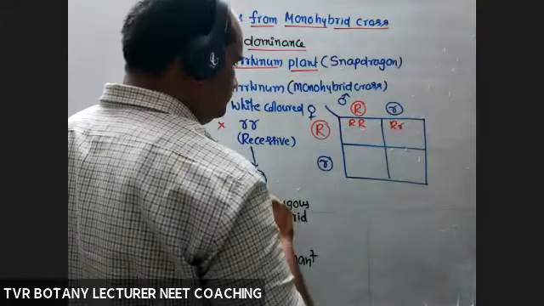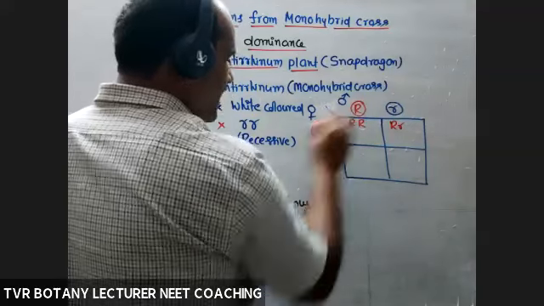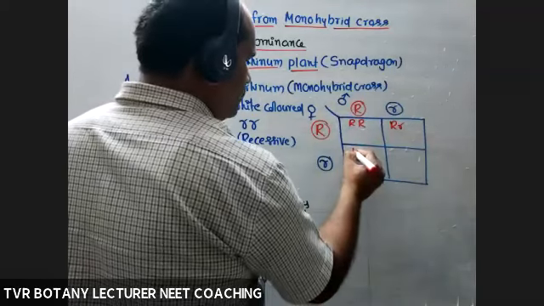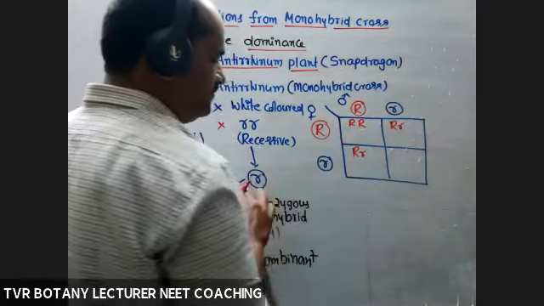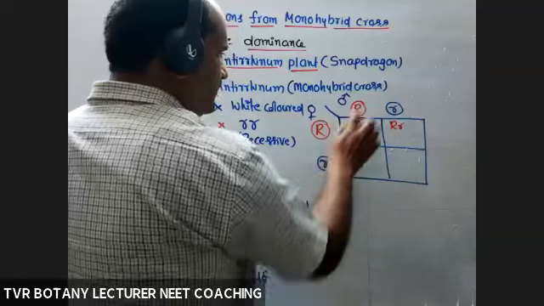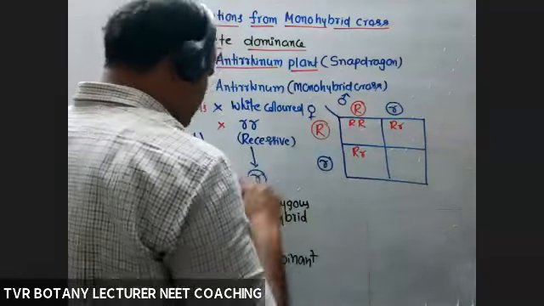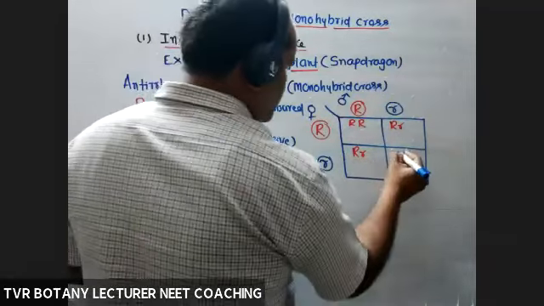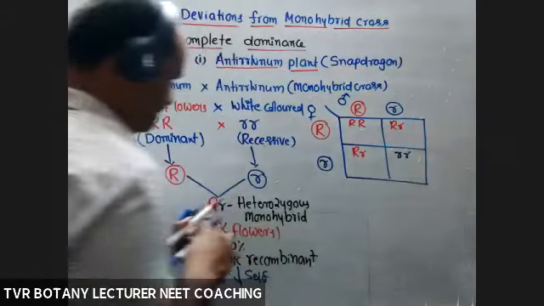Now, small r, capital R. Okay, so capital R, small r. This one is with this one, and this one with this one. 50%, 50%. That one also 50%. And finally, small r, small r.